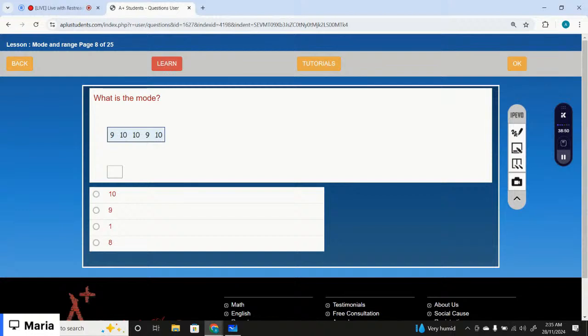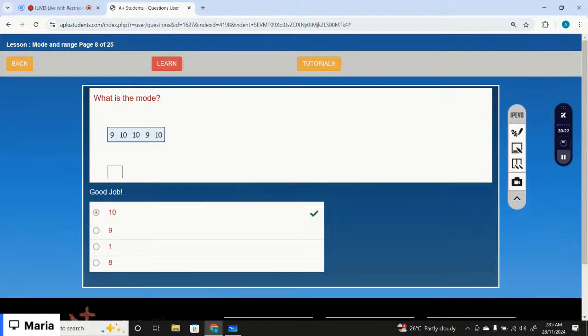What is the mode? The correct option is 10. The mode is 10.